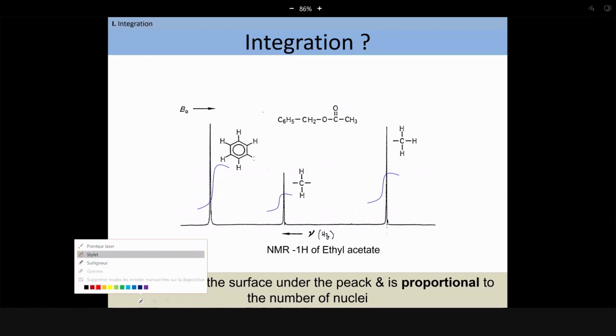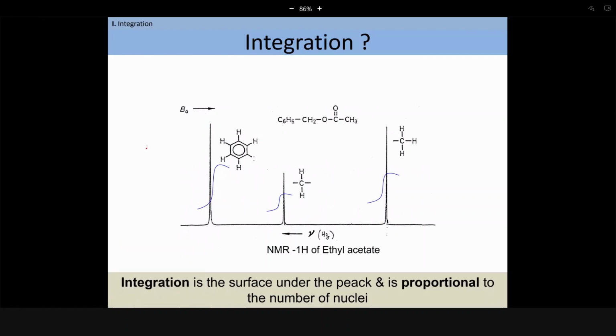Okay, so let's go back to the integration. I just want to show you how to use it in the spectrum analysis. So as I said, these curves represent the surface under the peak. So we ask the computer to calculate this value.